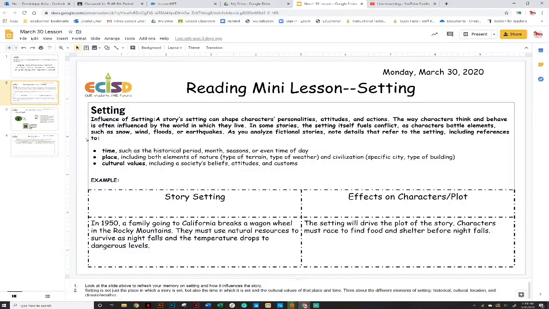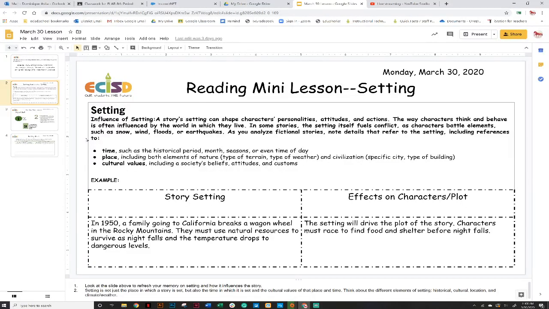As you analyze fictional stories, note details that refer to the setting, including references to time, place, and cultural values. So whenever they're talking about time, they're talking about what's the time of day, what's the season, what's the month, what's the historical period. They're talking about place, maybe the landscape, the weather. Are they in a city? Are they on a farm?